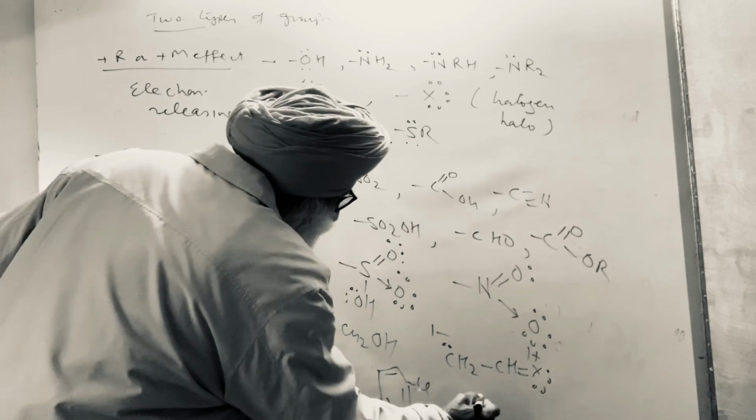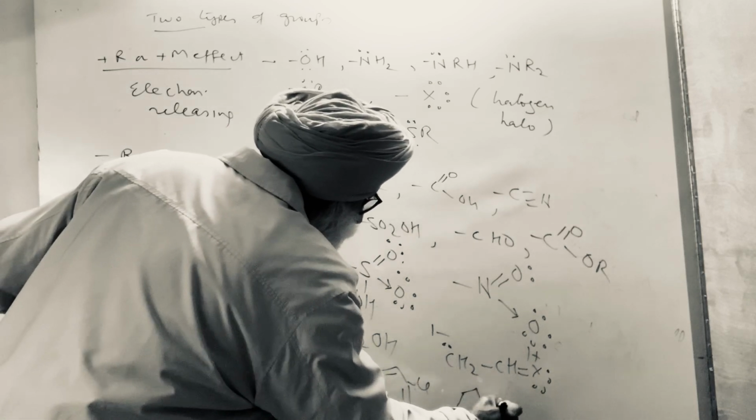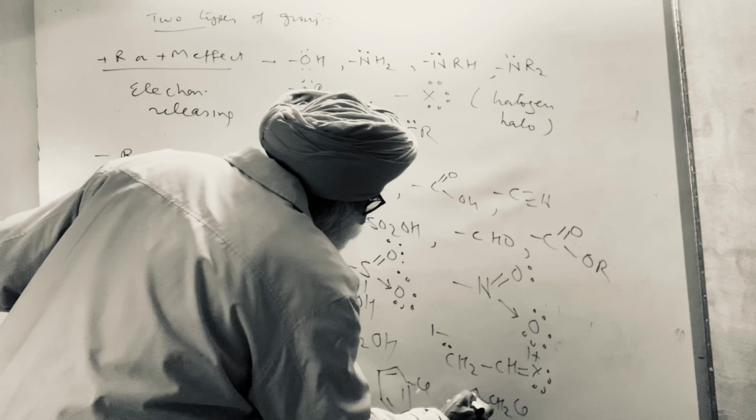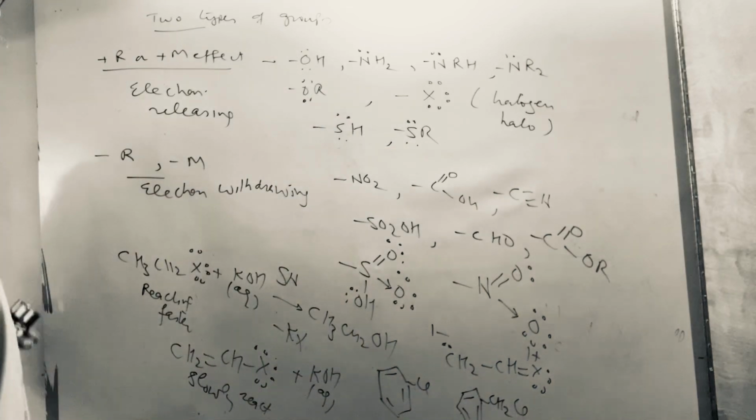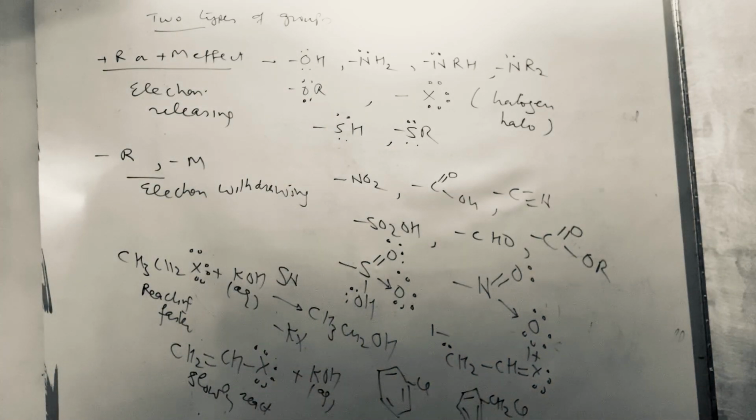This is chlorobenzene. Benzyl chloride reacts faster than chlorobenzene towards nucleophilic substitution reaction. So that is some of the applications of this mesomeric effect.